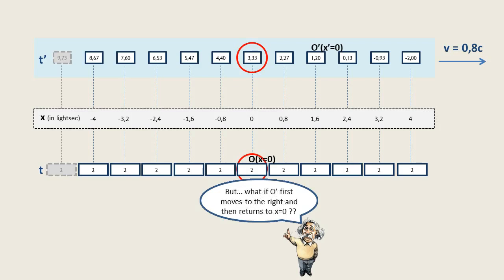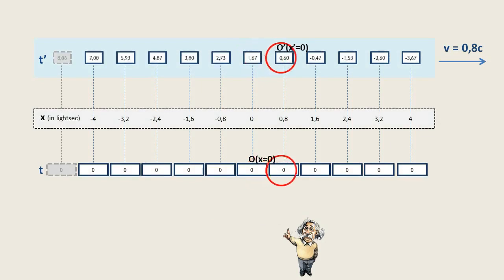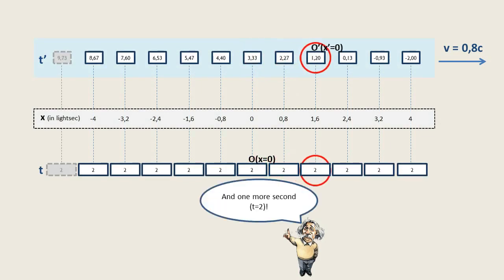But what if observer O' first moves to the right and then returns to the origin? Let's start from the beginning again. Let's move on 1 second as counted by observer O. And 1 more second. And now let O' return towards the origin.